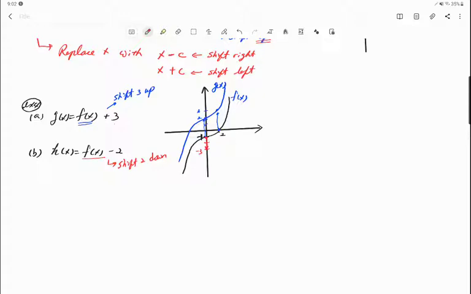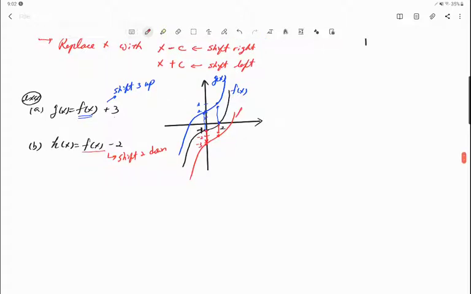So it will be minus 3, right? Then this will move 2 units down. It will be negative 2. So the graph looks like this. So this is the graph of h of x. Can you see it? So y value plus means up. Y value minus means shift down.